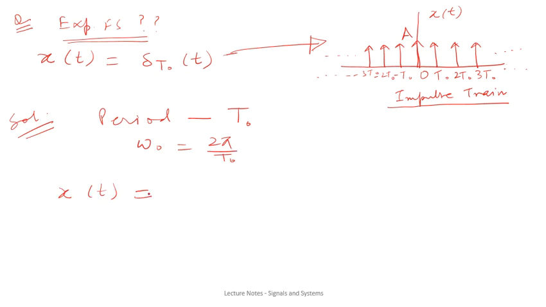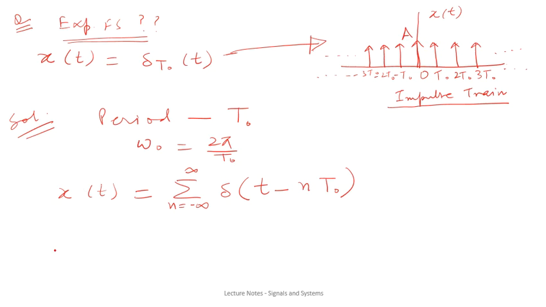Now this signal x(t), which is the impulse train, has the form of the signal delta(t minus n t naught). So you can see that by putting successive values of n, that is n equals 1, n equals 2, and n equals 3, similarly n equals minus 1, minus 2, minus 3, you can obtain these different impulses which are located at different locations.